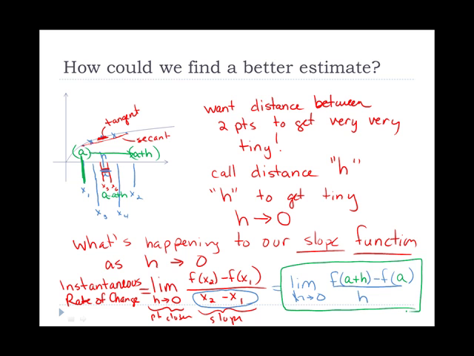And there's a symbol for that that we'll see later, but it's just f with a little tick mark, which means derivative. What's the difference between instantaneous rate and derivative? Just what form your answer's in.